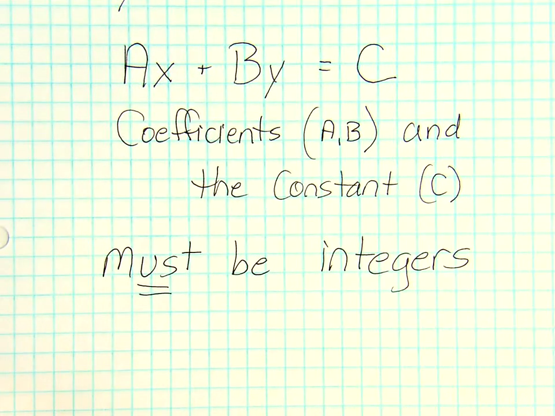Okay, so there's a reason why we go through and talk about integers and all of our different rational number systems, all the different types of numbers in the rational number system. Integers are the set of whole numbers and their opposites.